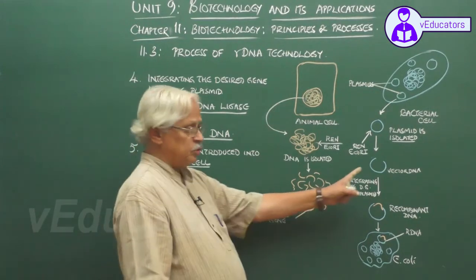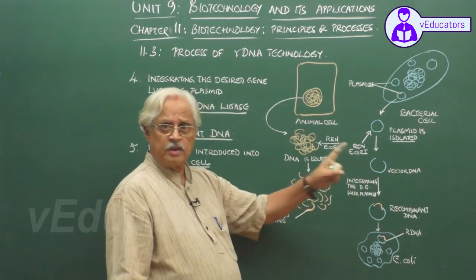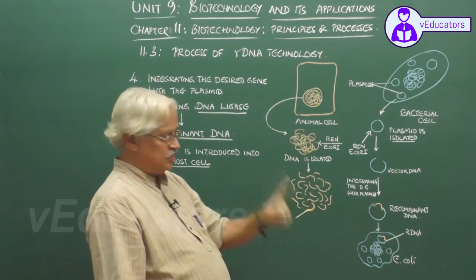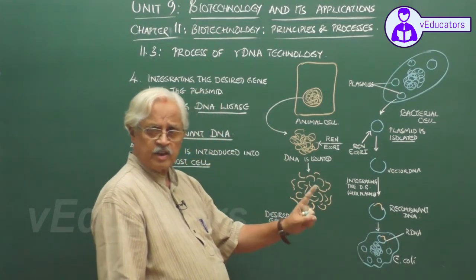The vector that you have chosen, let us assume that it contains ampicillin resistant gene. So that is the selectable marker.